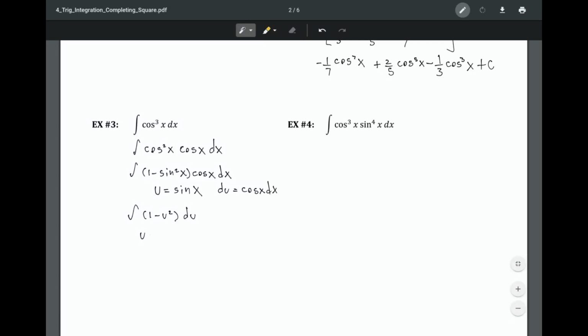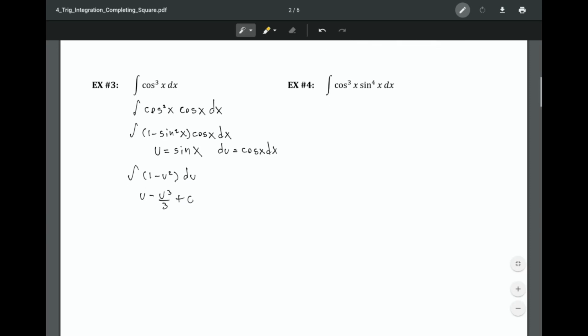So we have u minus u to the third over 3 plus c. And I'm going to go ahead and substitute that sine function back. All right, so there's that.